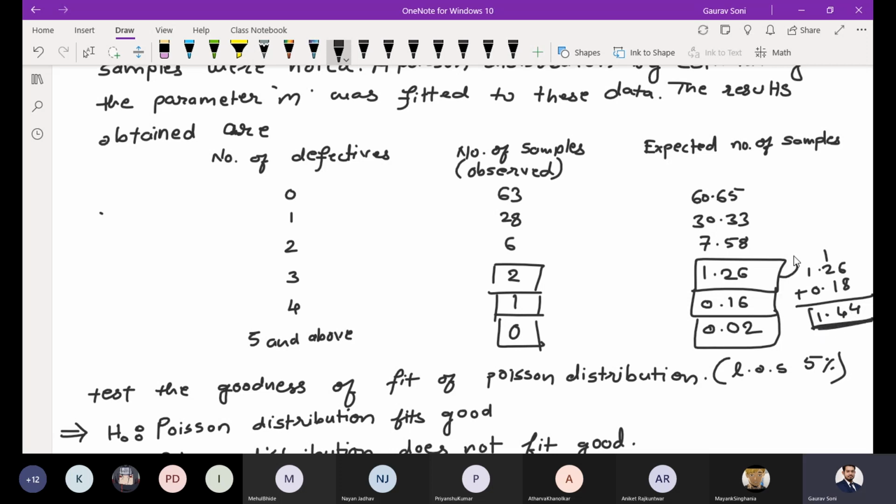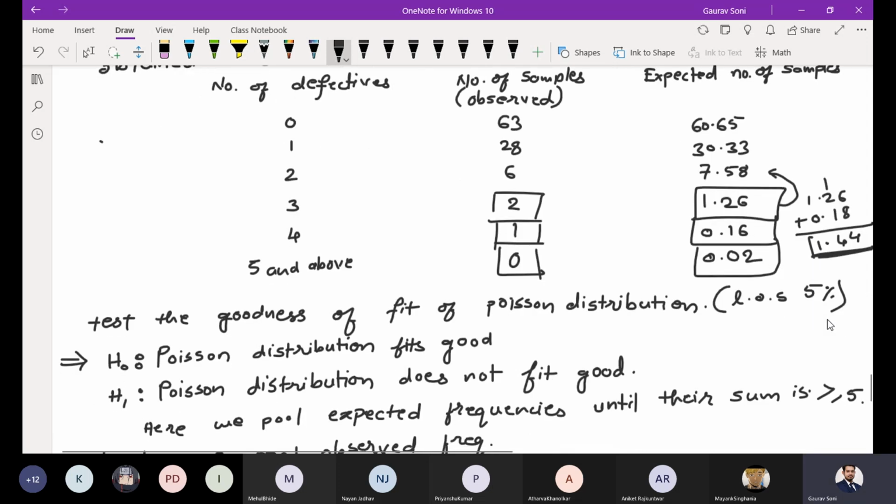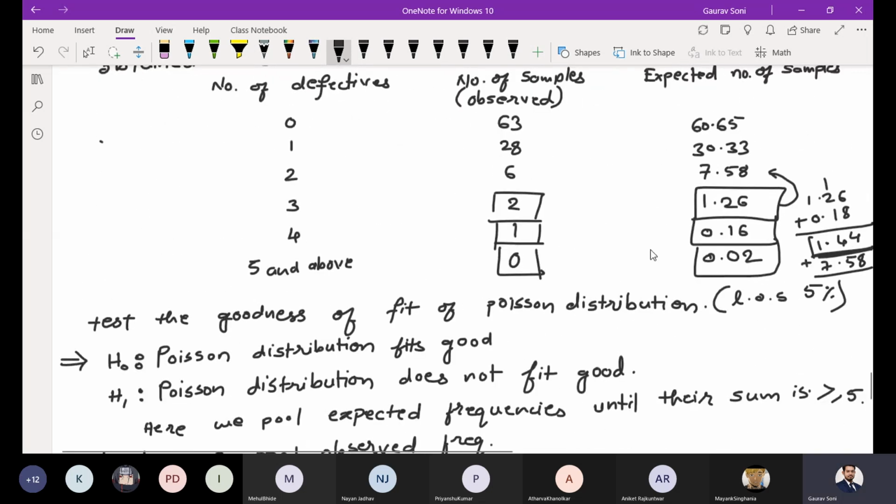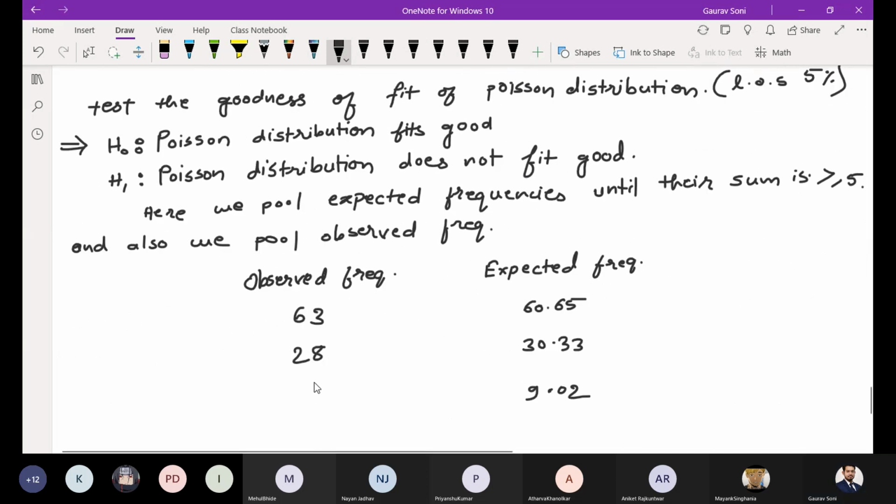So we add this to 7.58, and the total will be 9.02. Add the corresponding observed frequencies 0 plus 1 plus 2 plus 2 plus 1 plus 3, and the 6, so that will be 9. I hope the method is clear.